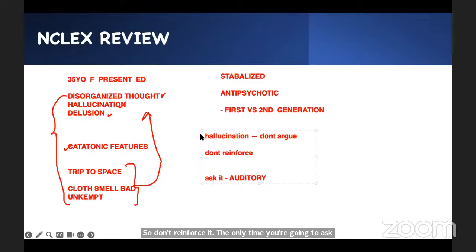If they tell you they're hearing something, you have to find the content. What are you hearing? What are the voices telling you? Find the content of the hallucination. That is the key.